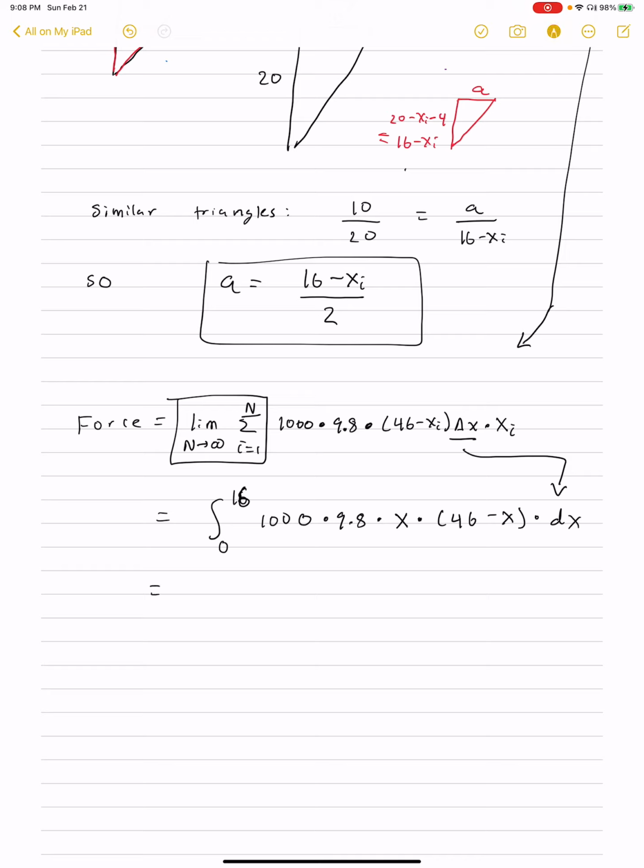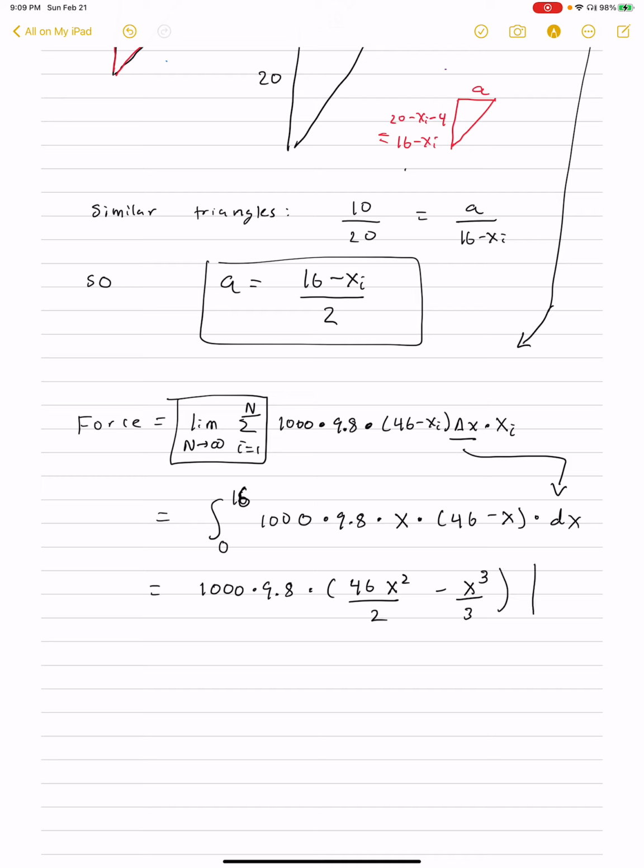Now, we'll integrate this. This will be 1,000 times 9.8 multiplied by 46x squared over 2 minus x cubed over 3.